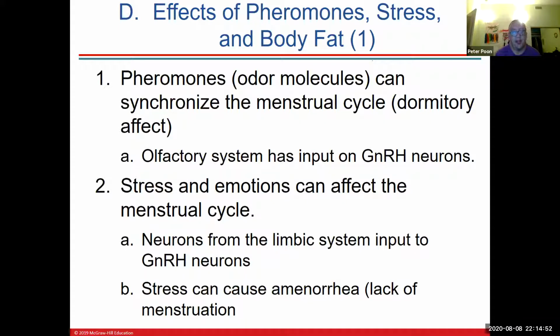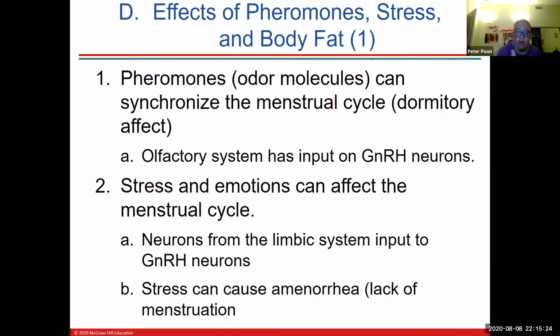Okay, so neurons from the limbic system feed back. Stress can actually cause amenorrhea, which is a lack of menstruation. Again, your body needs to be ready for pregnancy. If you're stressed out or starving, you won't ovulate, because if your body feels like there's no way to carry a pregnancy to term, then it won't ovulate, because there's no point.